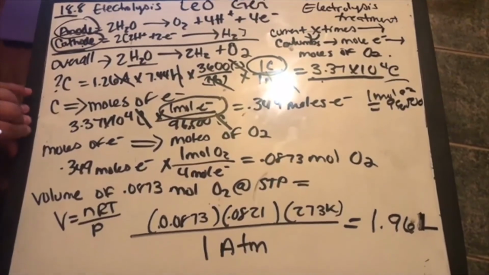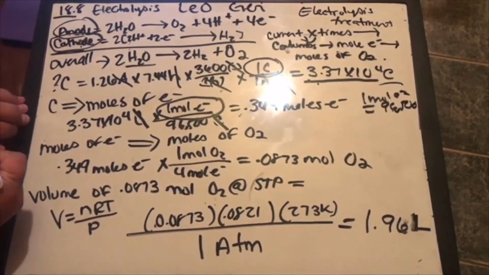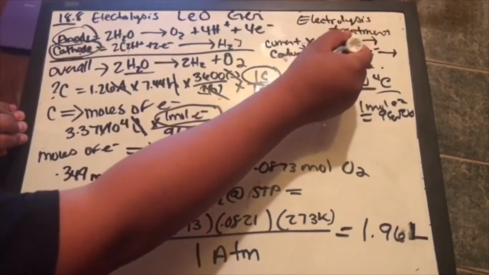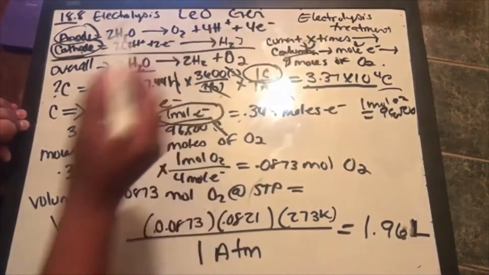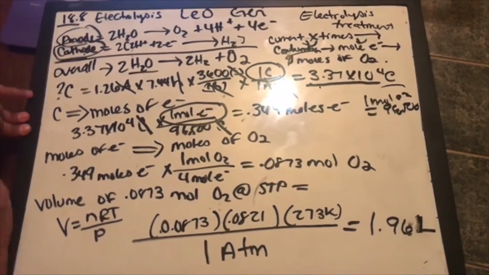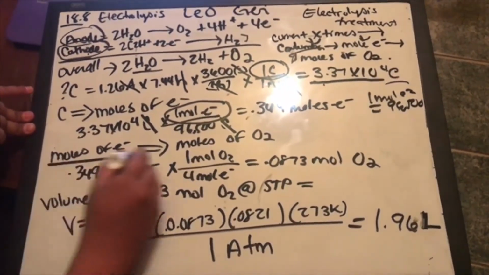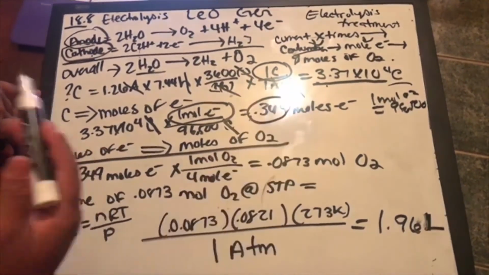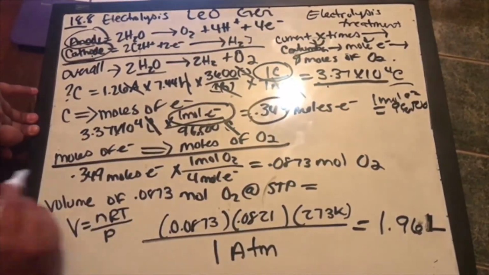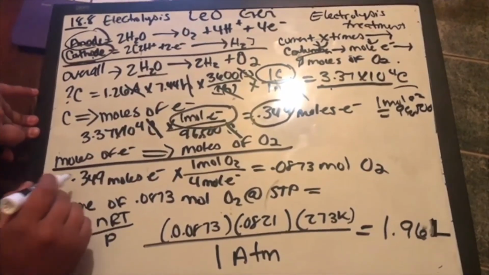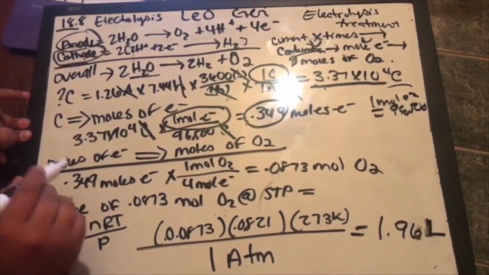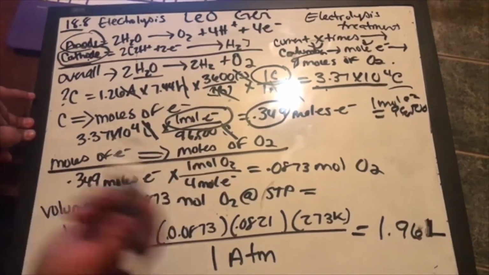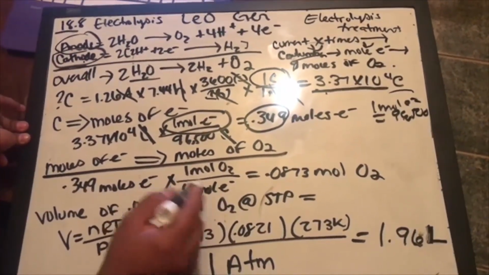So what is the next step? The next step is to convert the moles of electrons, we're in this step now, to the moles of oxygen. So we are going to use again this number that we just calculated. We're going to put it in front: 0.349 moles of electrons times 1 mole of oxygen, because that's what we're looking for, over 4 moles of electrons.